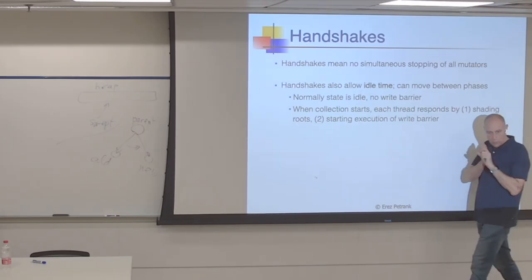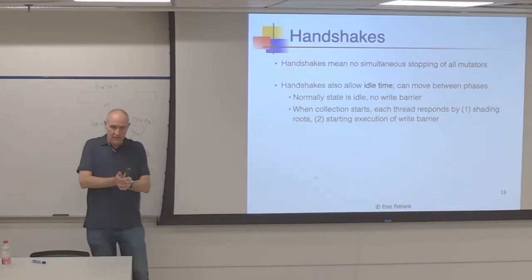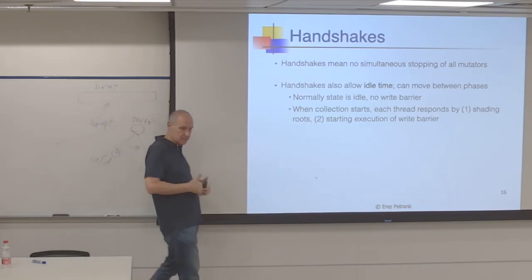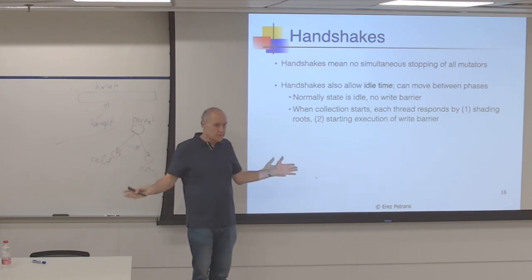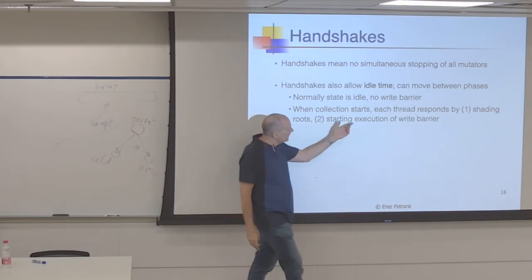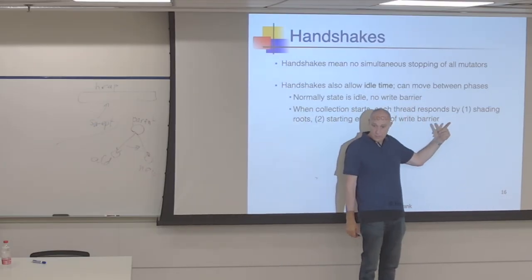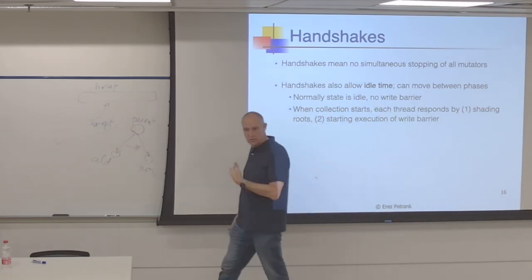In the real world, the roots are also the local variables of the program threads, and each program thread has its own local variables. This is the way to shade all the roots. So whenever a program thread responds to the collector that collection is starting, it also shades its own roots.